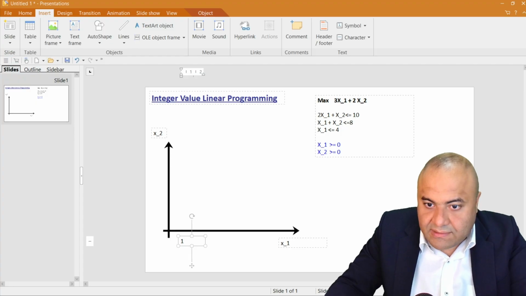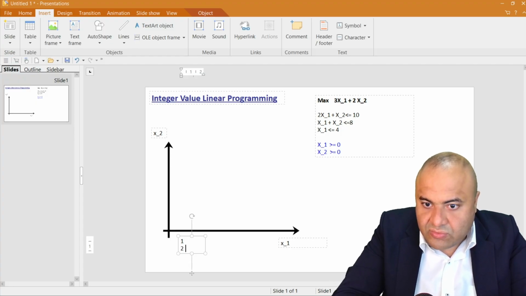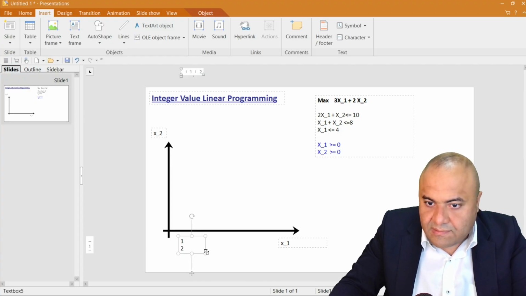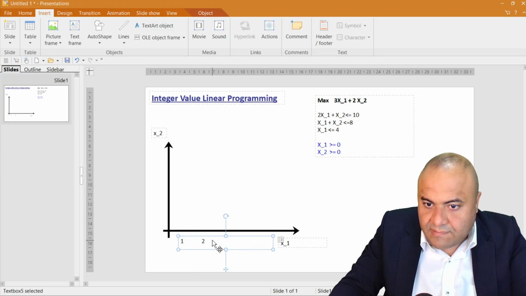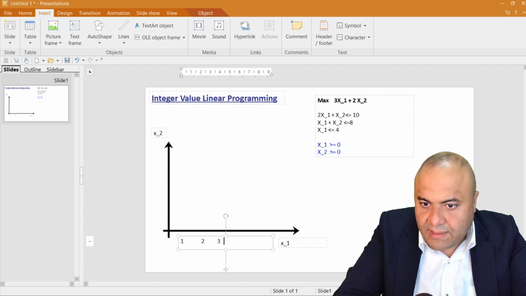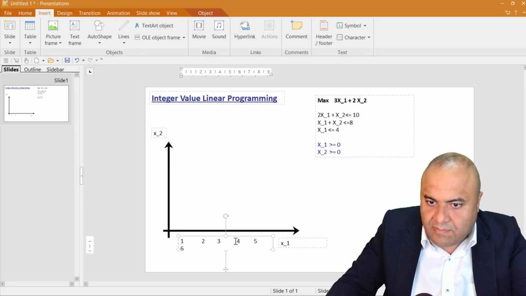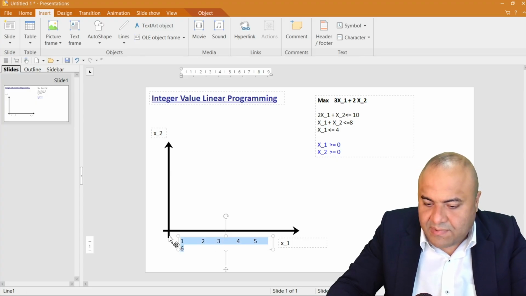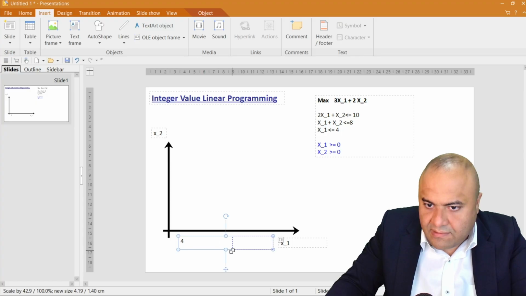Let's say 1, 2, 3, 4, 5, and so on. But just to make it simple, let's just put 4 here.